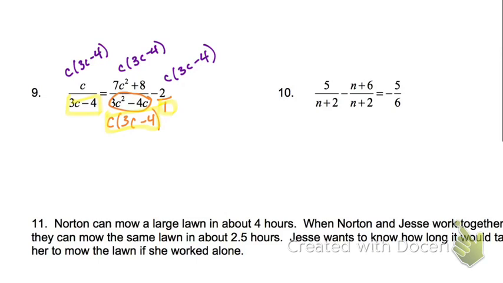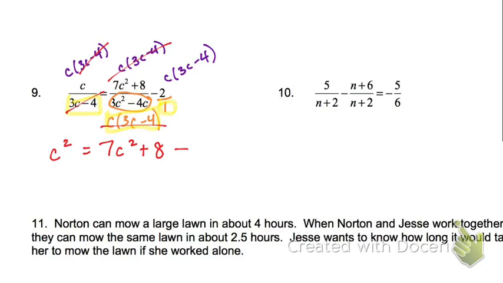Then on the left fraction, 3c minus 4 cancels. And I'm left with what? C squared. What gets canceled on the next fraction? All of it. So 7c squared plus 8.